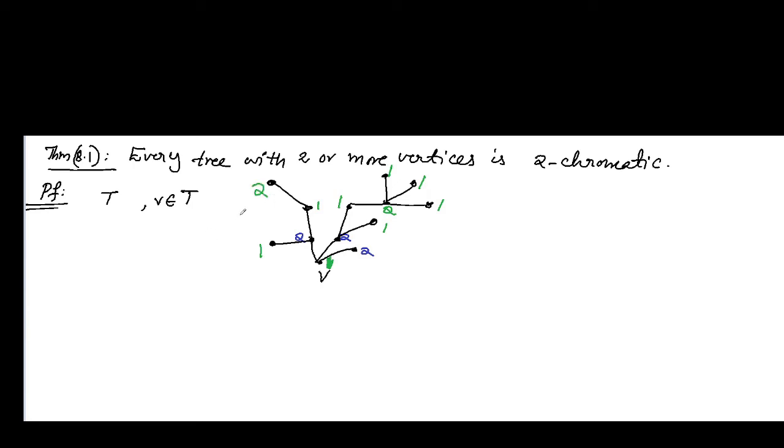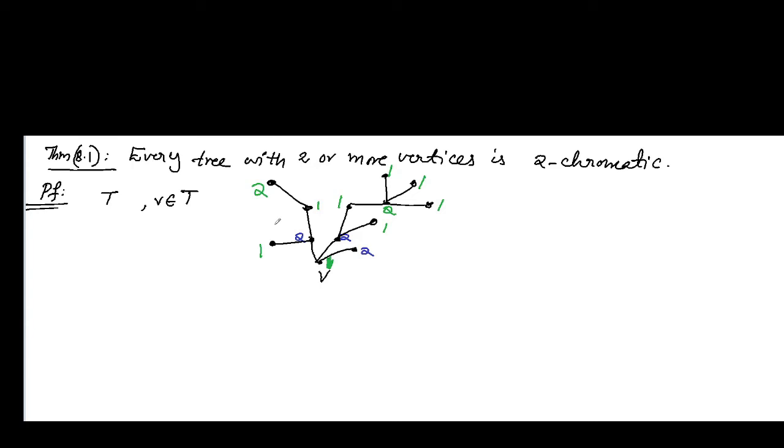Now in the tree we find that all the vertices at odd distances from V have color 2, while V and vertices at even distances from V have color 1. Now along any path in the tree T, the vertices are of alternating colors.